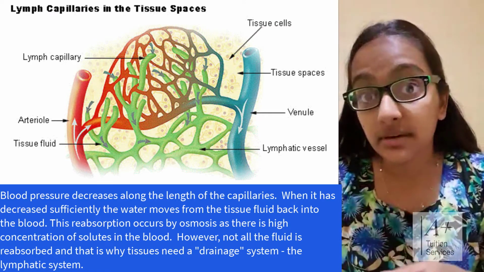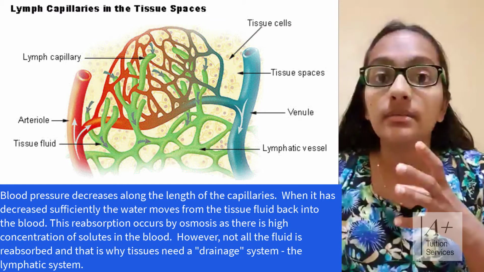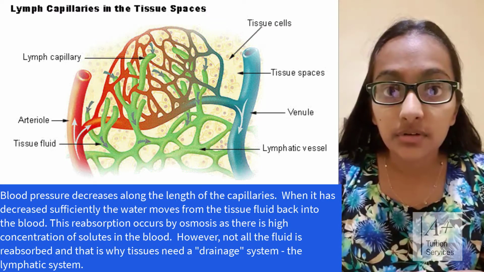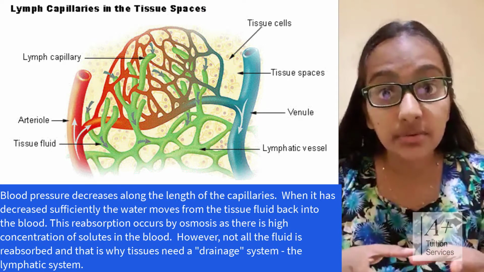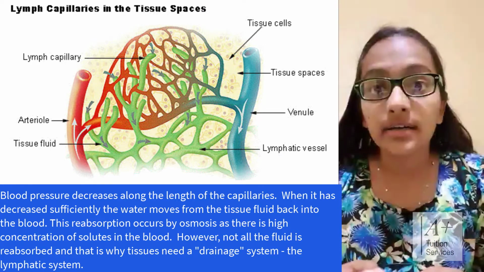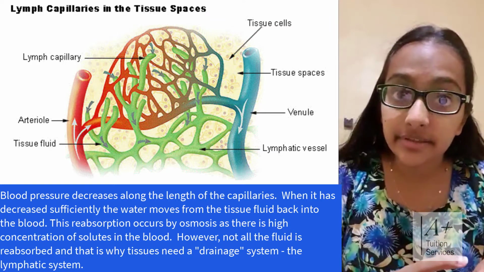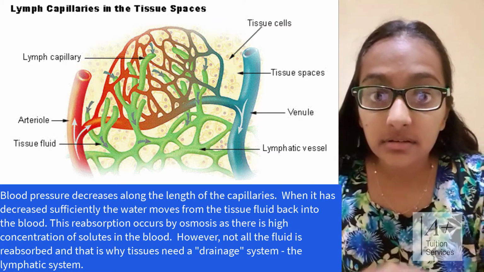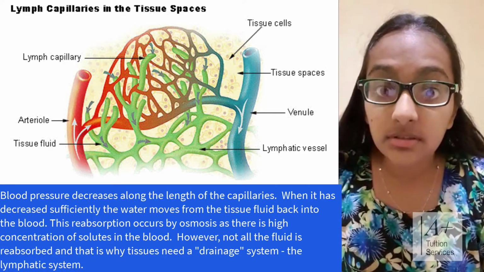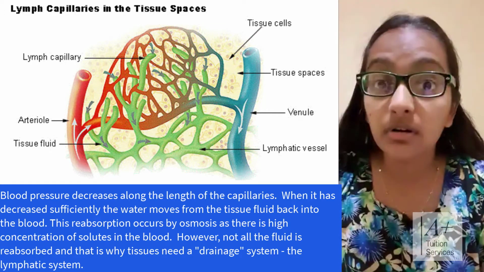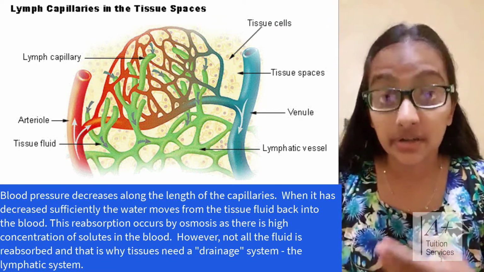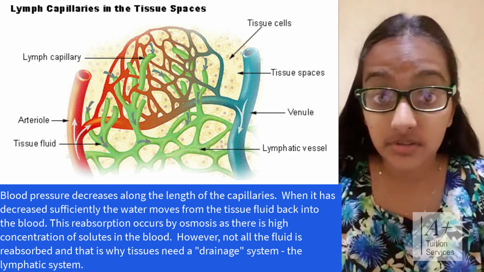Now we have the opposite happening: the blood pressure has decreased, so the fluid is pushed back from the tissue fluid into the blood vessel to be transported back. This reabsorption occurs by osmosis, where water moves from an area of higher concentration to lower concentration.